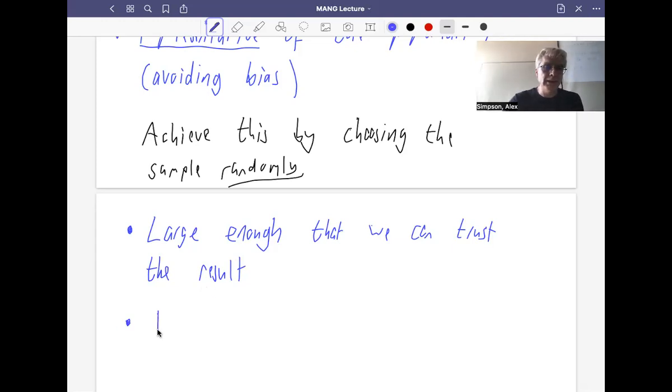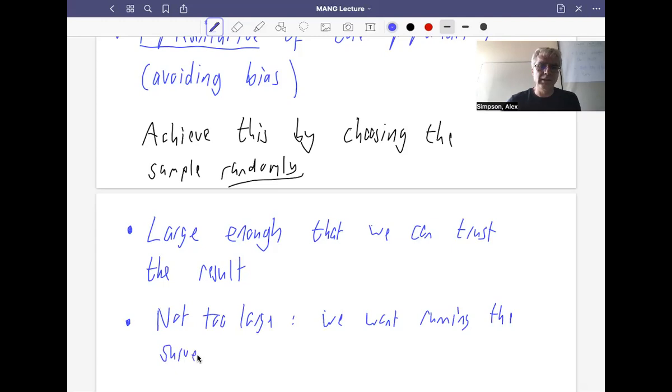So not too large. We want running the survey and processing the results to be feasible.